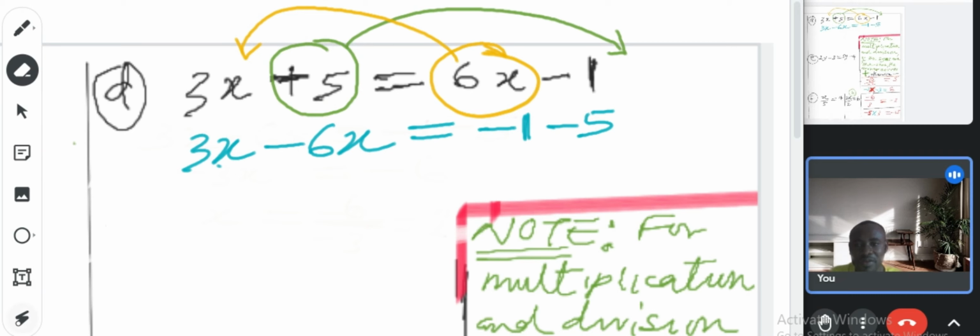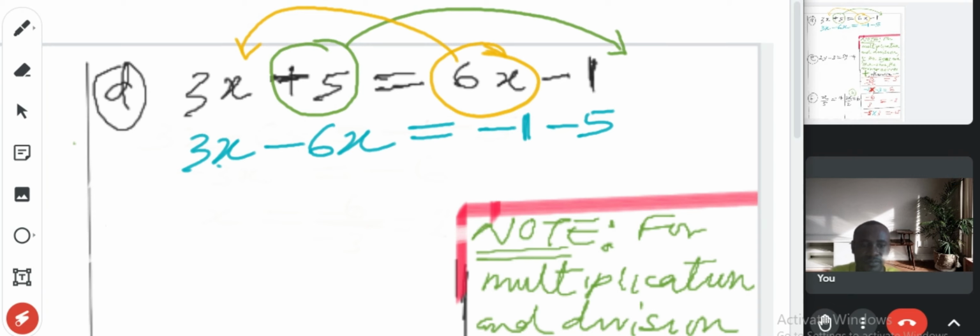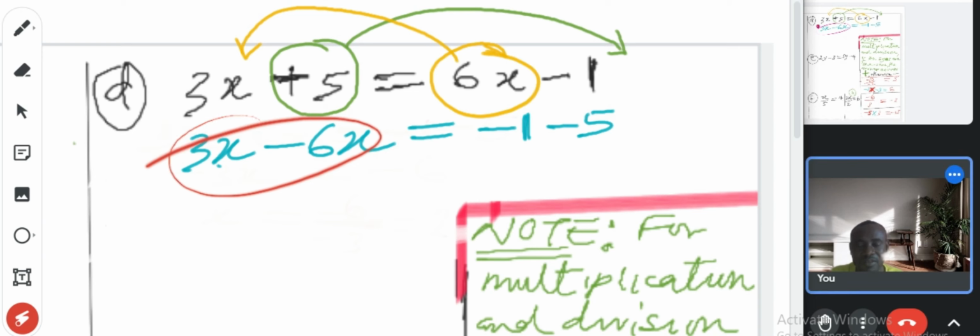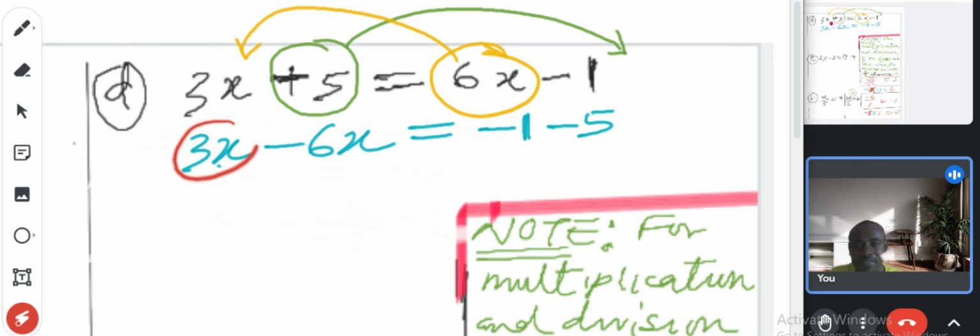What's 3x minus 6x? Minus 3x, because you have 3 is a plus, and you are owing 6. When you pay with the 3 you have, if you are going to pay for the 6 you're owing, you will still be owing 3.